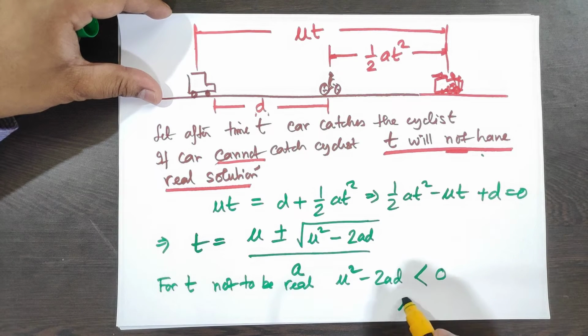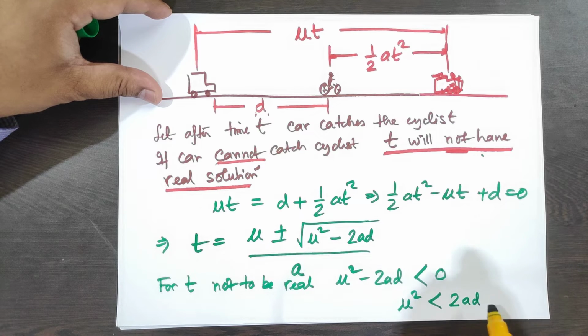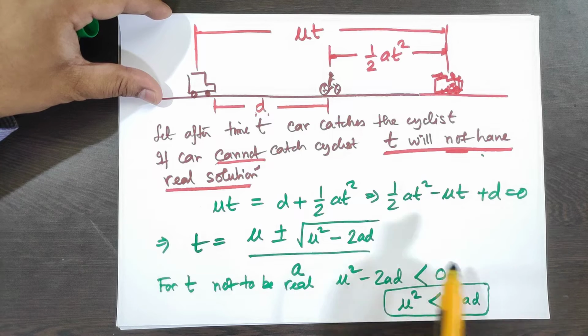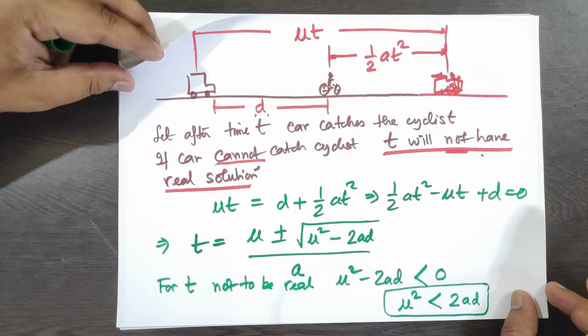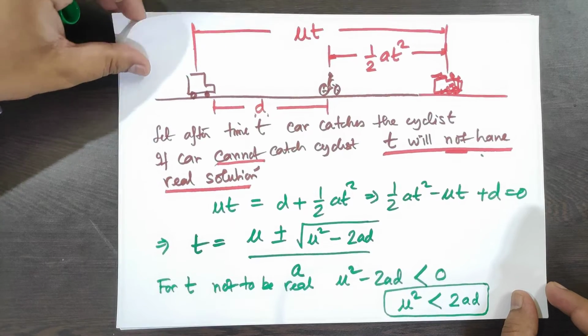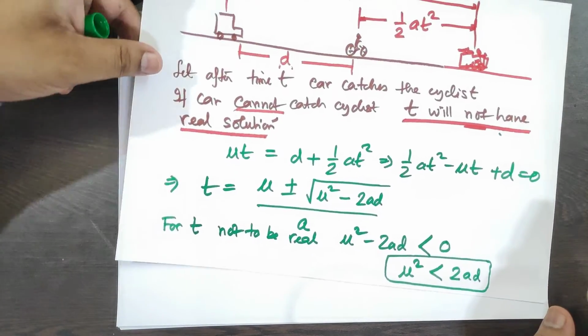So the condition is that u square is less than 2ad. If u square is less than 2ad, then the car cannot catch the cyclist. Now this is the condition we have solved by this method from the ground frame.